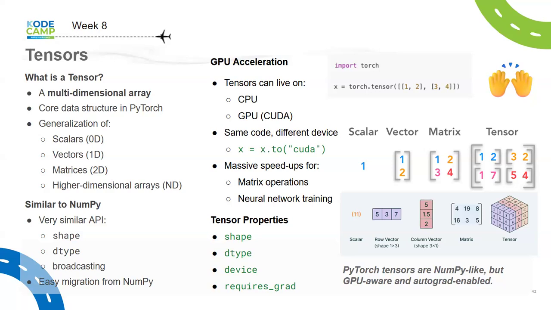Then the other thing, like I said, GPU acceleration. For tensors, you can specify where they should be residing, whether in the CPU or on the GPU, using what we call to. This to is a keyword in PyTorch to say, okay, move this variable into CUDA. If you are saying move this variable into CUDA, you're going to move that variable into the GPU, right?